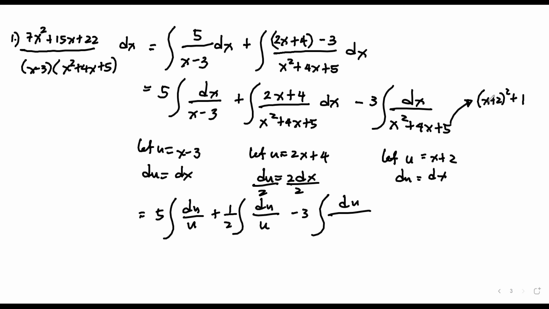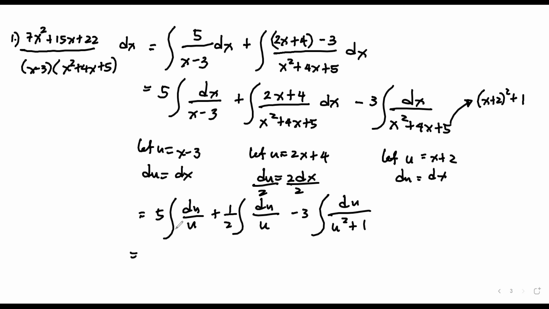Right? When we expand this, x squared plus 4x plus 4 plus 1, so plus 5. Okay? Because our goal is to get the form for arctan, the integral of arctangent or inverse tan, which is u squared plus 1. Okay?